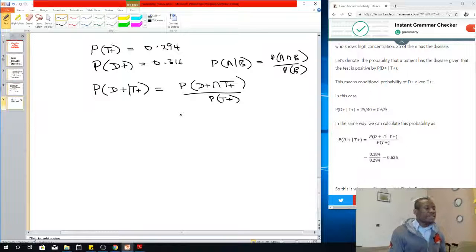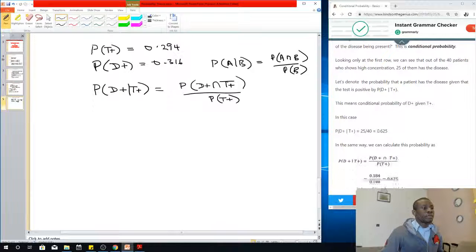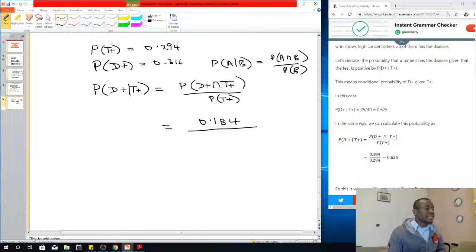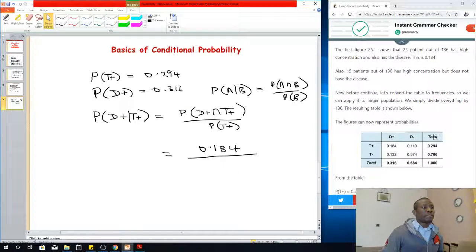So in this case, D plus intersection T plus, we can directly find it from the table. D plus intersection T plus, as you can see, is 0.184. So this is going to give us 0.184 all over the probability of T plus, which is the total probability of T plus, not the conditional probability this time.